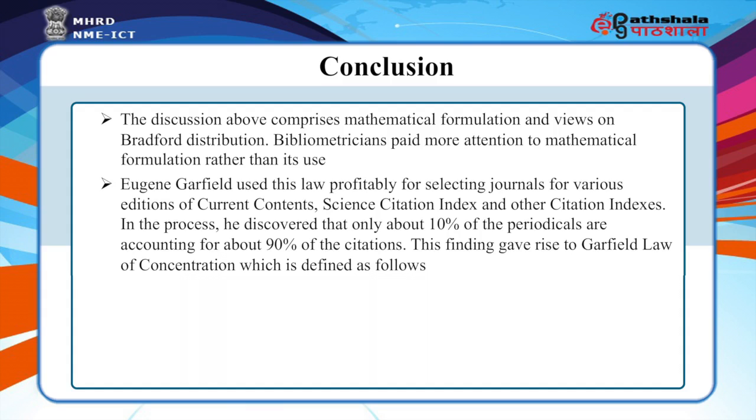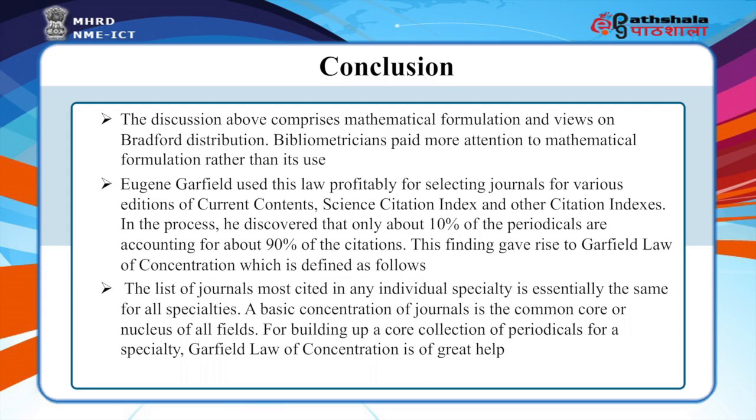This finding gave rise to the Garfield law of concentration, which is defined as follows. The list of journals most cited in any individual specialty is essentially the same for all specialties. A basic concentration of journals is the common core or nucleus of all fields. For building up a core collection of periodicals for a specialty, Garfield law of concentration is of great help.